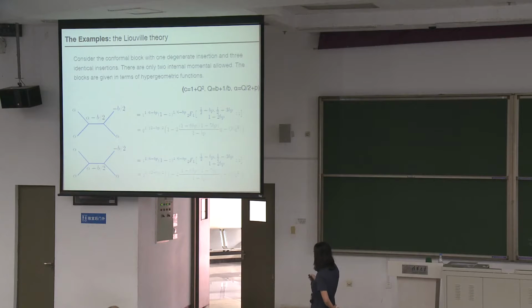Now it's not a rational theory, but let's take one of the legs to be inserted by a degenerate operator. Then the number of allowed internal momenta truncates. In this case, there are just two allowed momenta, where alpha here is parameterized by Q/2 plus P. And they famously satisfy some differential equations and are famously given by the hypergeometric functions.